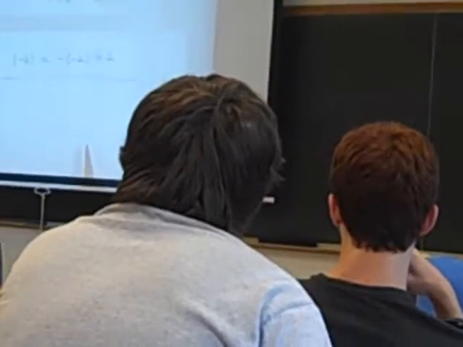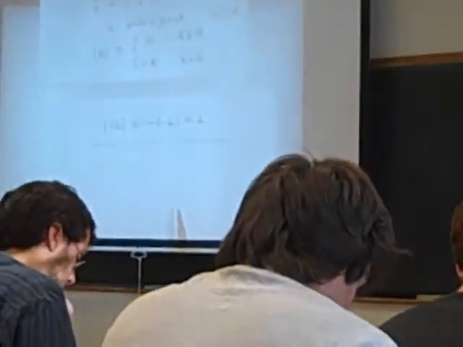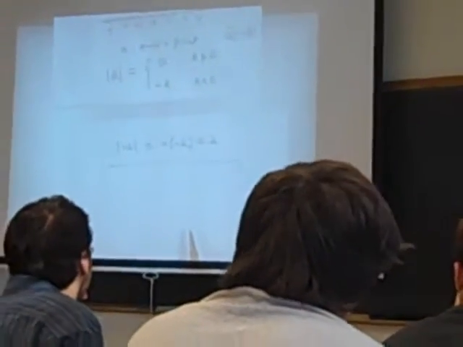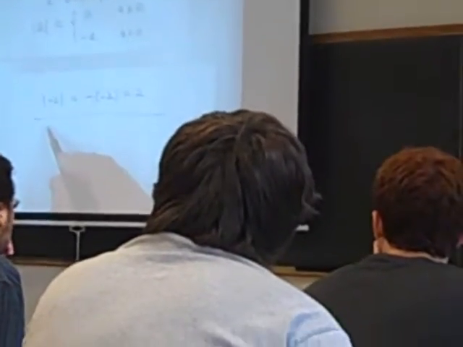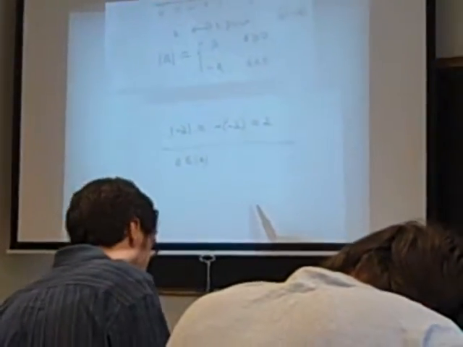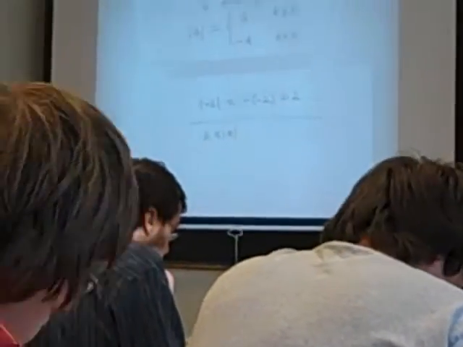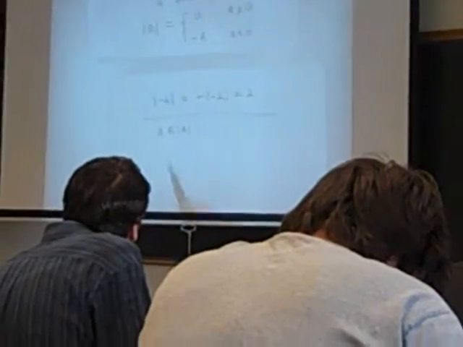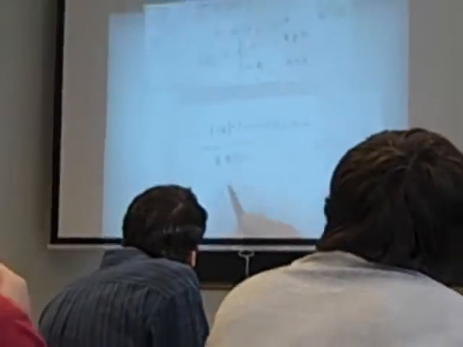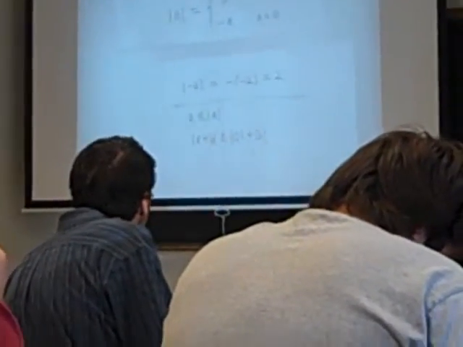There are some properties about absolute value. I want to mention a few here, and this is especially important later on. Maybe not for this course, but for 163, I hope you pay attention to this very carefully. a is always less than or equal to the absolute value of a. Clearly, if a is positive it is equal, if a is 0 it is equal, and if a is negative it is strictly less. And the absolute value of a plus b is less than or equal to the absolute value of a plus the absolute value of b.